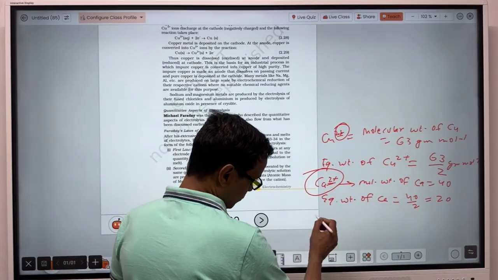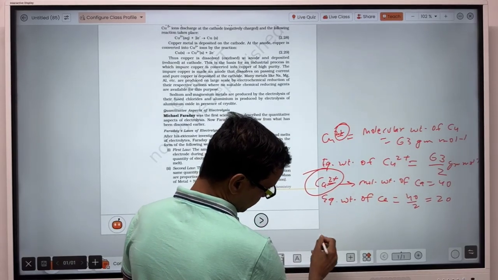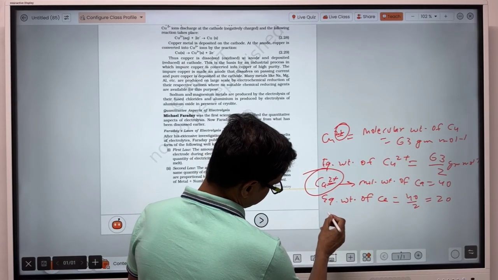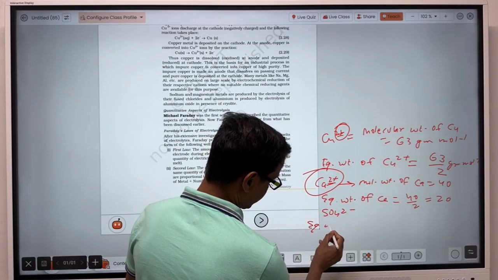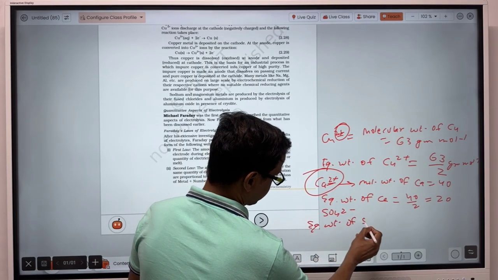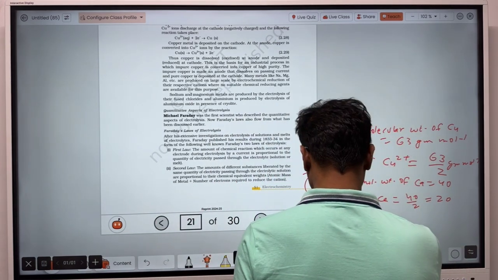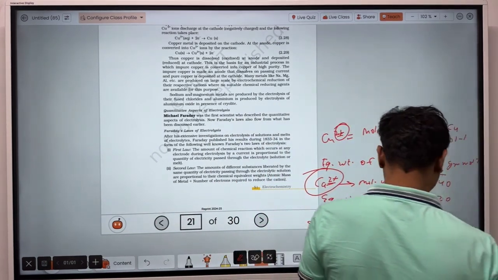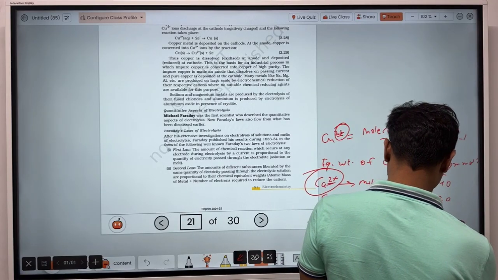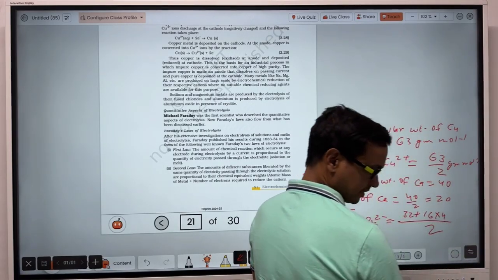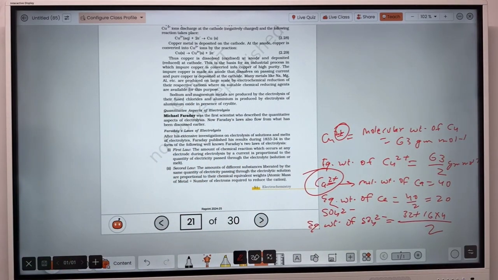If you have to find the equivalent weight of sulfate, SO4 2-, then find the molar mass, sulfate 32 plus oxygen, and divide that by 2. That is the equivalent weight of the sulfate ion.